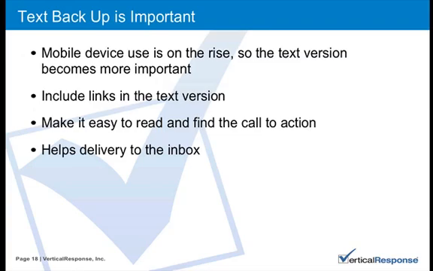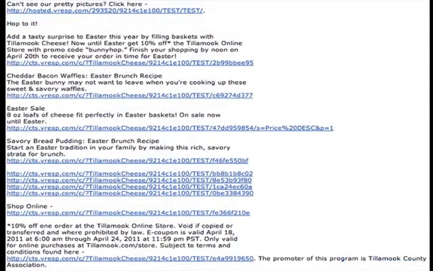The text backup only shows up if your recipients can't get HTML for some reason. So most of your recipients will see the graphical version, but there are people who are still going to get the text backup. So make sure everything looks good, and at the very least, it will help get your email to your recipients. And here's an example of a nice text email.